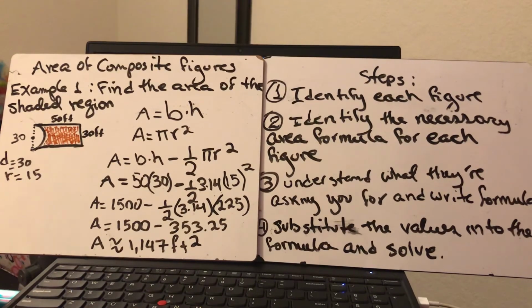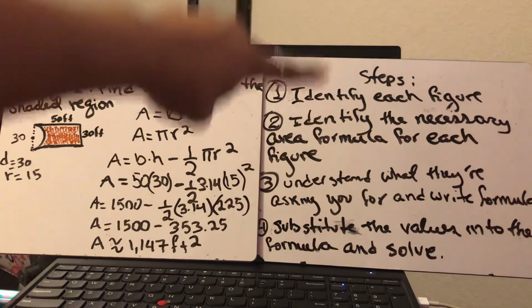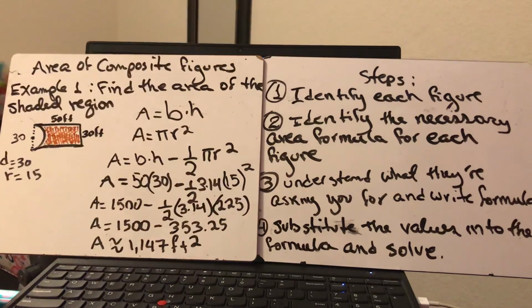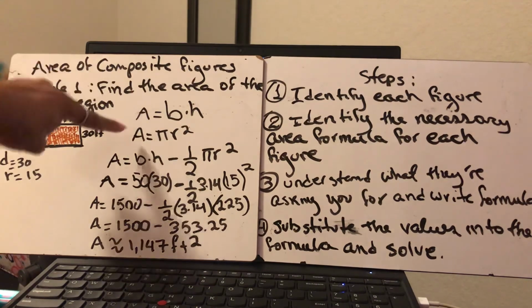Okay, so again, to recap, quickly going over the steps. First, you identify your figure or each figure, because there's going to be two or more figures within one. Then you identify the necessary area formula for each figure. In this case was the area of a rectangle and the area of a circle, and the formulas for those are right here.